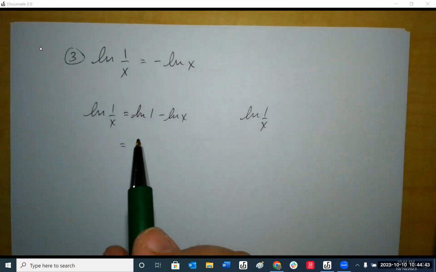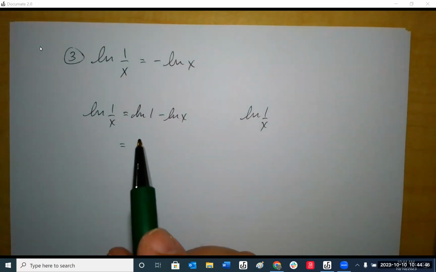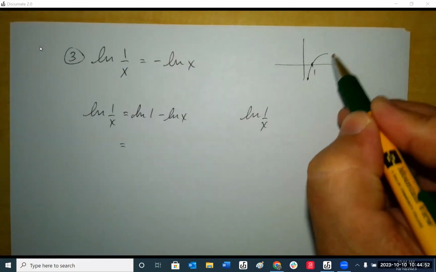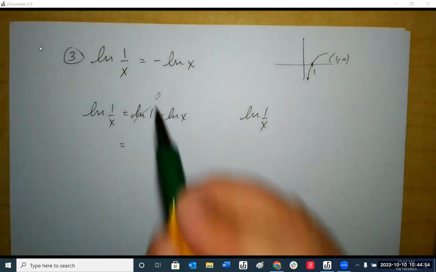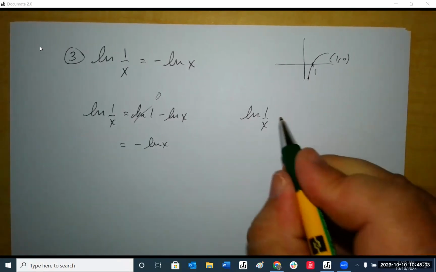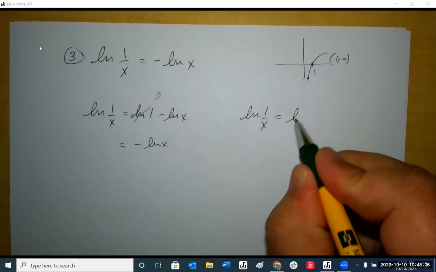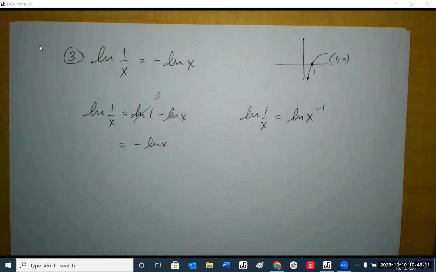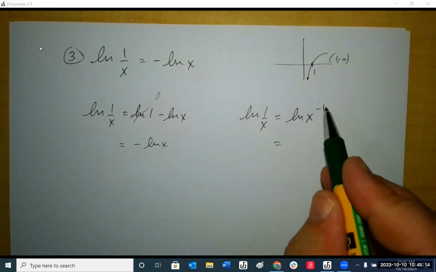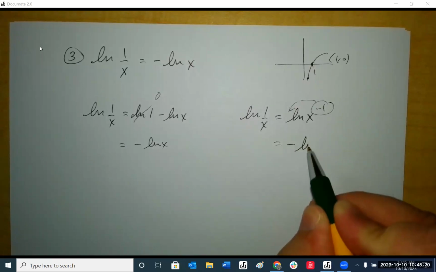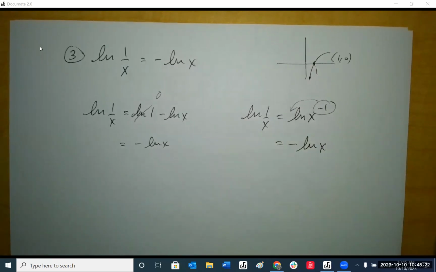What's the ln of 1? 0. Because in our graph, when x is 1, y is 0. So that one's 0. So we have negative ln x. Or we can rewrite this one, bring the x up on top, and the exponent is negative 1. In logarithmic equations, if you have an exponent, it can come out in front. So either of those methods work.